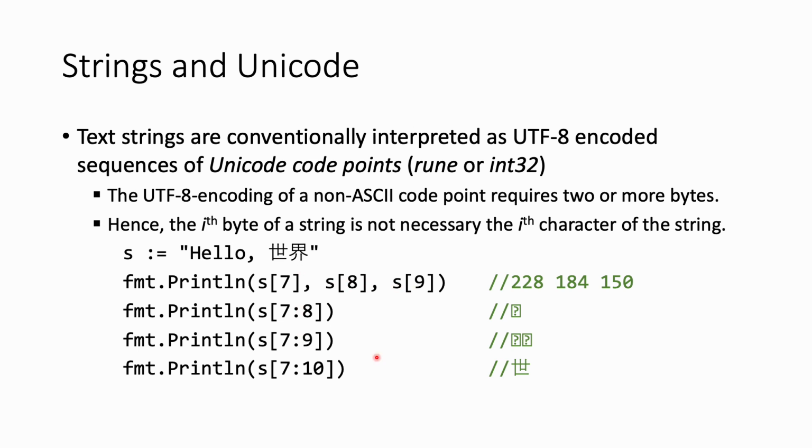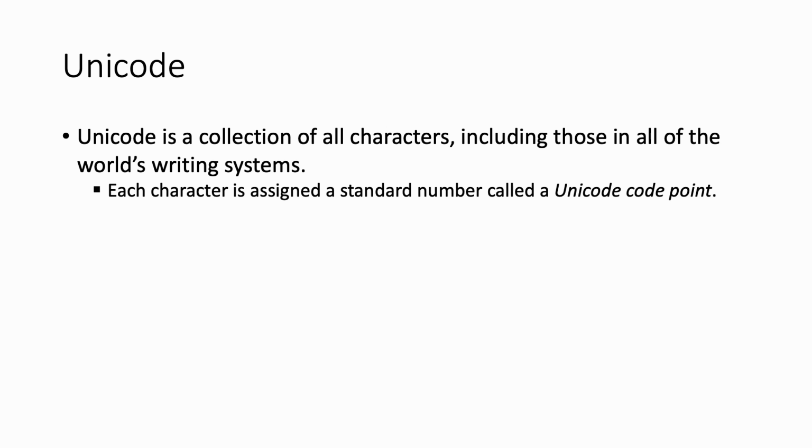In order to understand the output of these statements, we need to learn a little bit more about Unicode and UTF-8 encoding. What is Unicode? Unicode is a collection of all characters, including those in all of the world's writing systems.